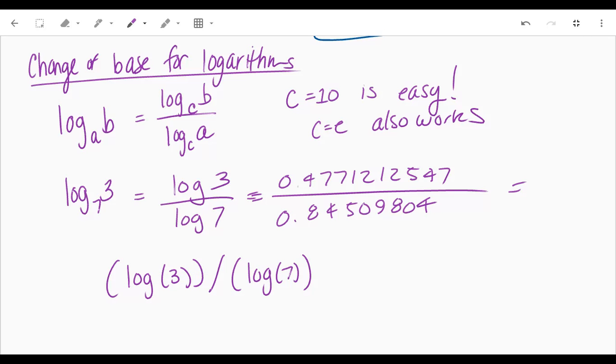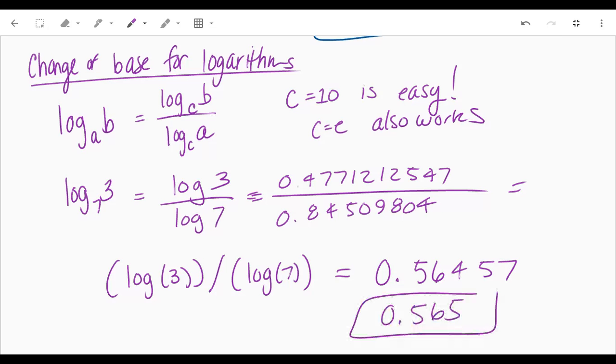Okay, so log 3 divided by log 7. They want you to round it to the nearest thousandth. So that's 3 decimal places. So 0.56457, and to the thousandth place, it'd be 0.565. Okay, and that's all you got to do.